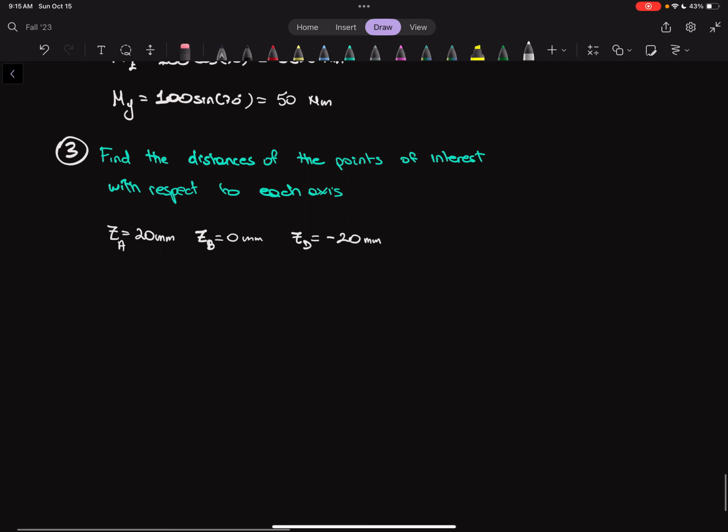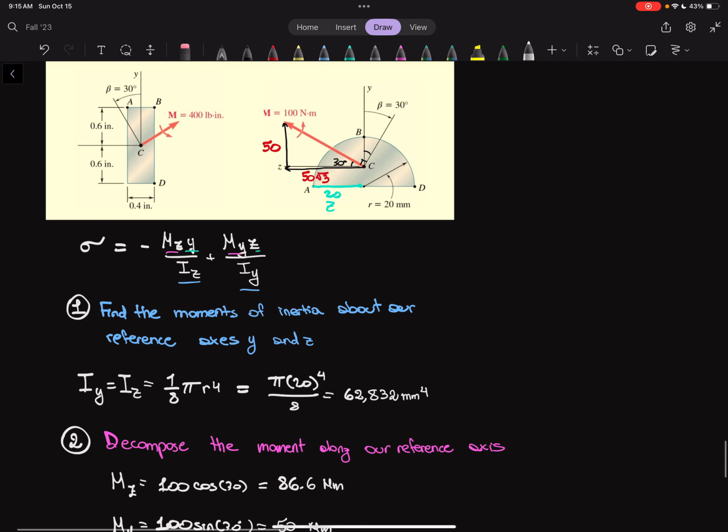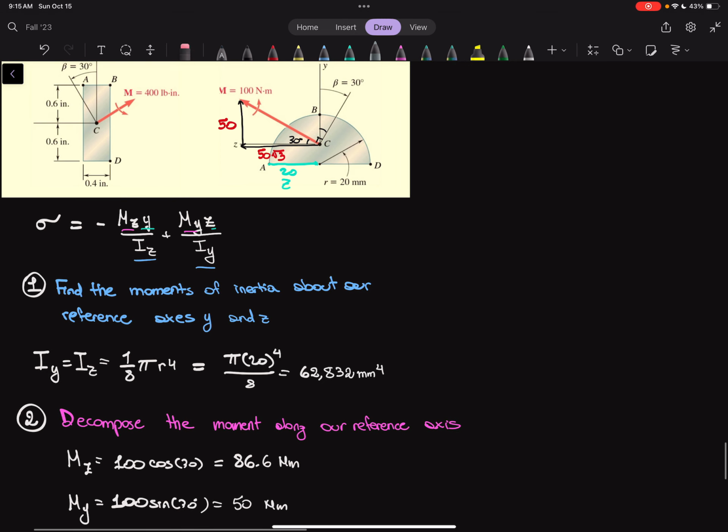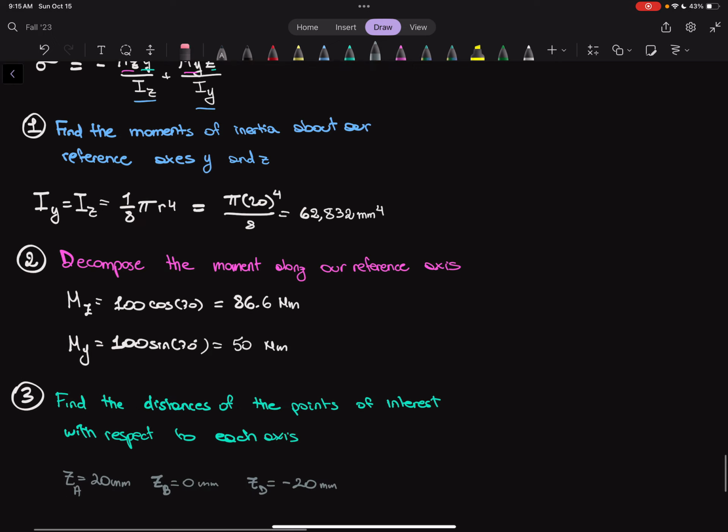So what about the distance of A from the Z-axis? Well, for that we need to find where the centroid is. And to find the centroid, we go to the centroid table and locate that the Y for the centroid is 4/3 R over pi.